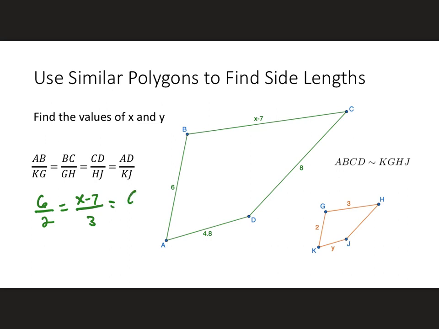CD is 8. HJ doesn't have a value. We'll just keep it as H and J, but those are not values that we're looking for. We're looking for X and Y. And finally, AD is 4.8 and KJ just has a Y variable in it.